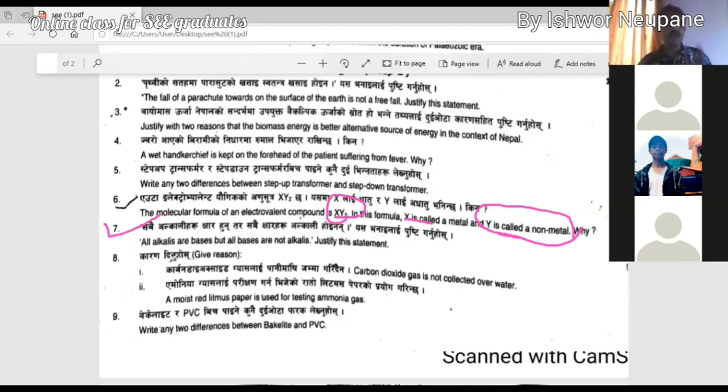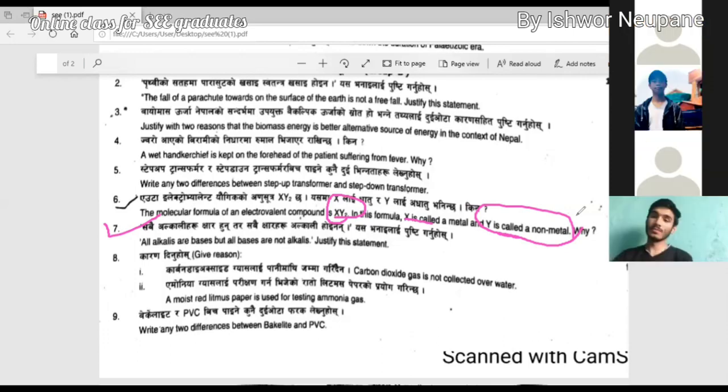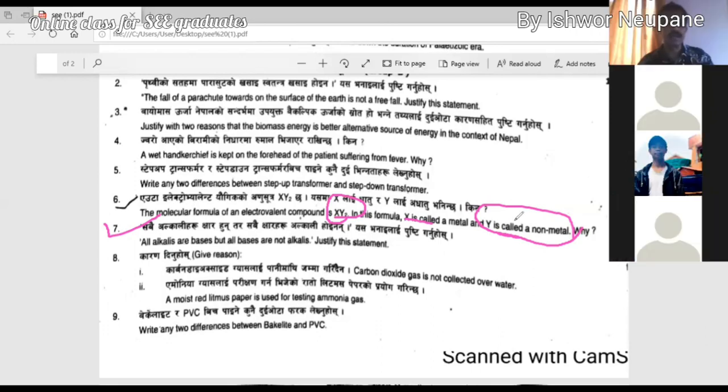Number one, all bases and alkalis react with acid and form salt and water. Number second, all alkalis are soluble in water, but all bases are not.